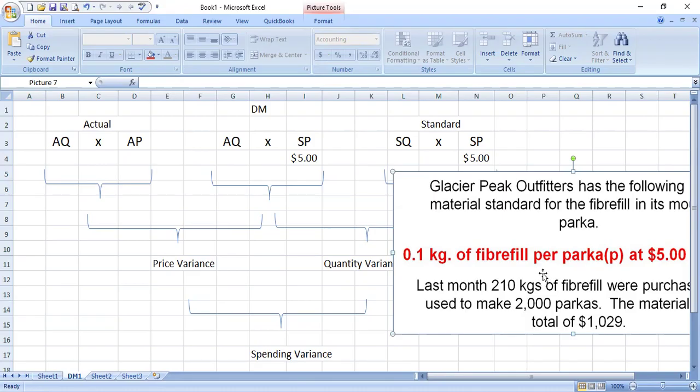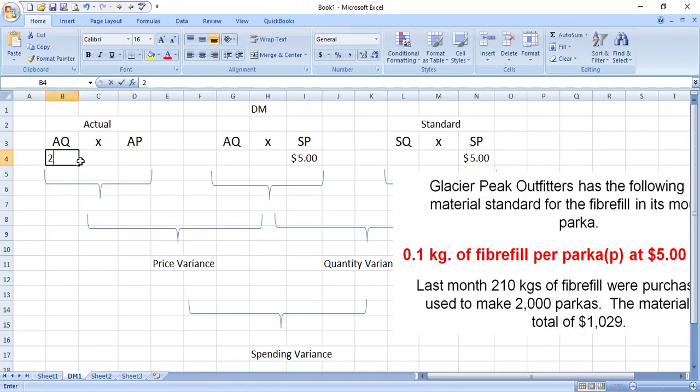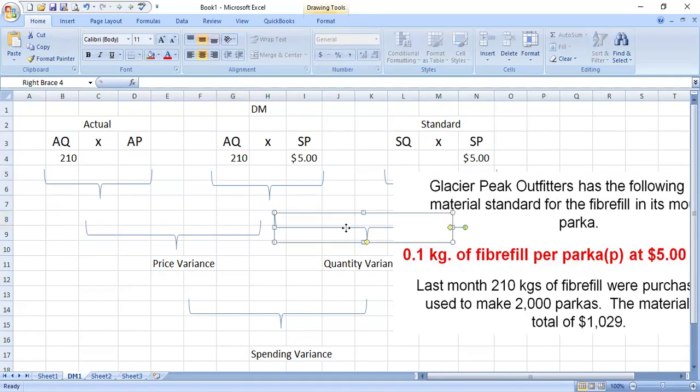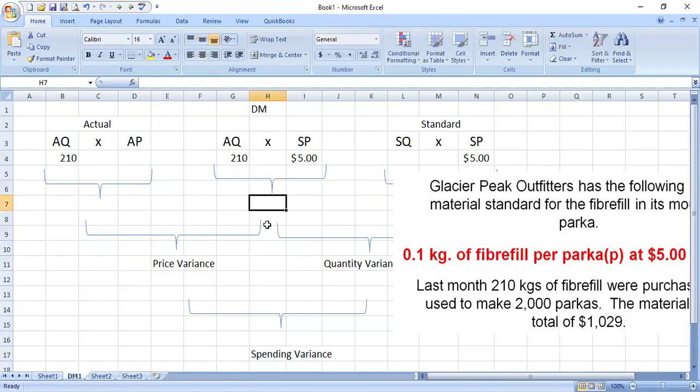What's the actual quantity of material that we actually used? Is it the 210 kilograms? 210 kilograms. So now I have the second number, 210 kilograms. So at this point, I can start doing my calculations. I can have the first number right here, which will be 210 times $5. Let's make it bigger.